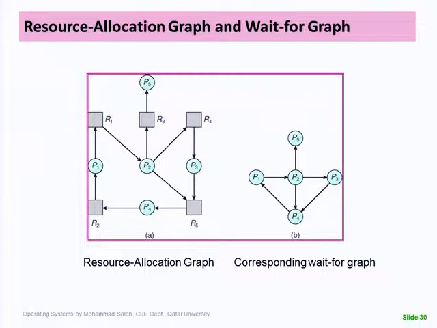That's why we call it the wait-for graph. For example, in this graph, we have P4 requesting a resource that is currently used by P1. It means P4 is waiting for P1 to release the resource.